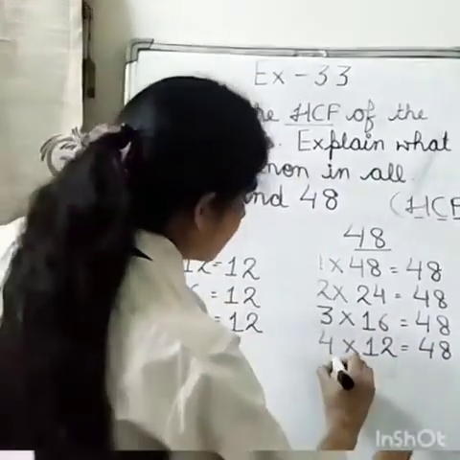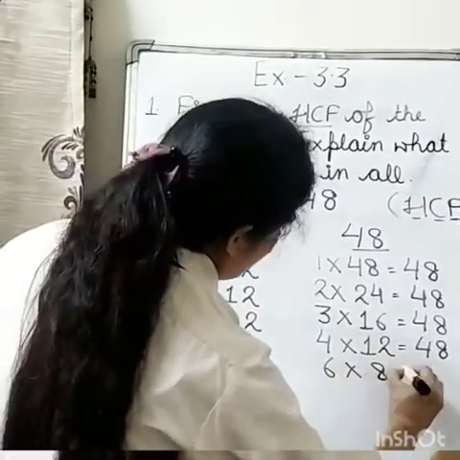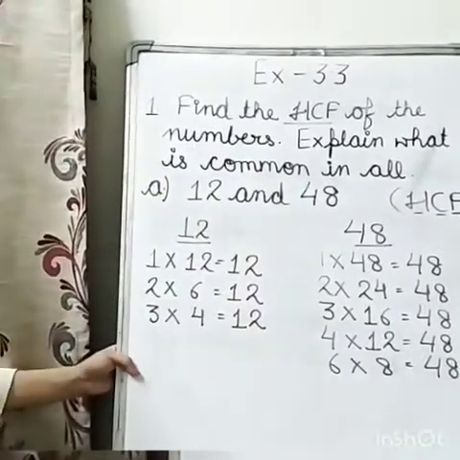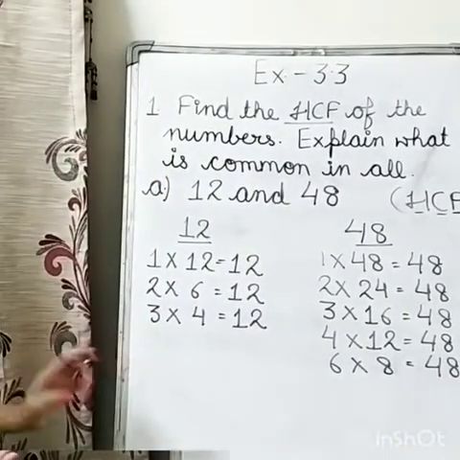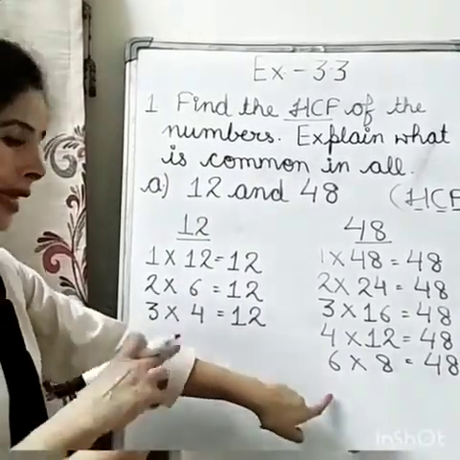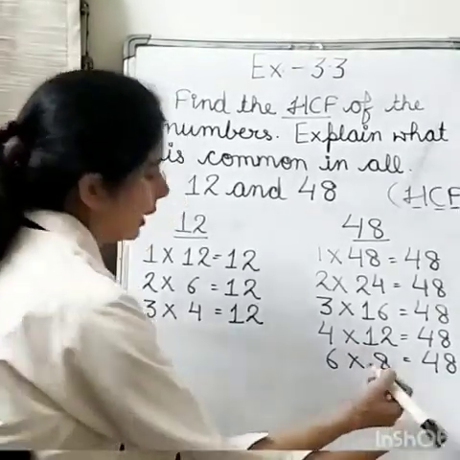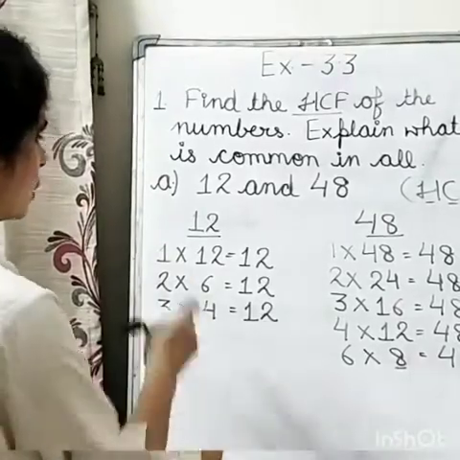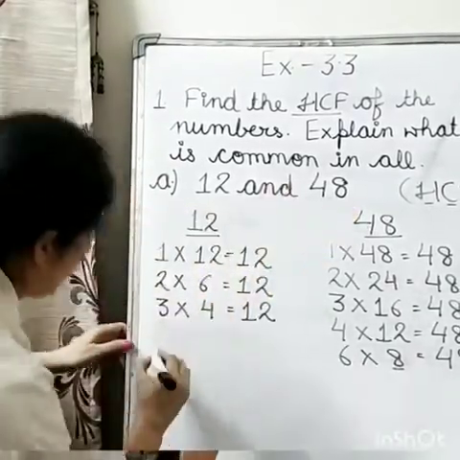Next is 6 8s are 48. Next is 7. That is also not a factor. And after 7 again 8 will come. But we have already used. So stop here. Now write the factors of 12 and 48.